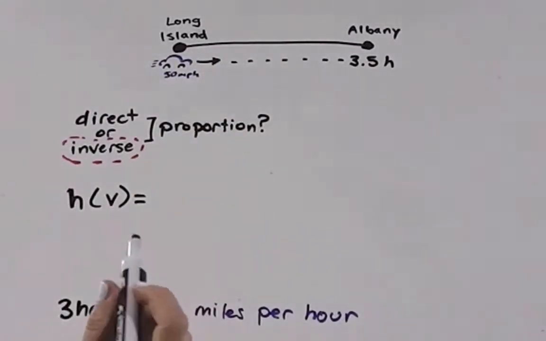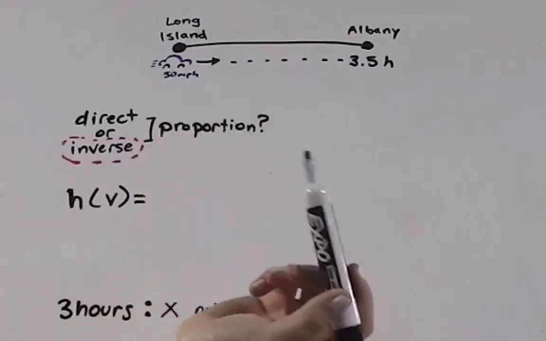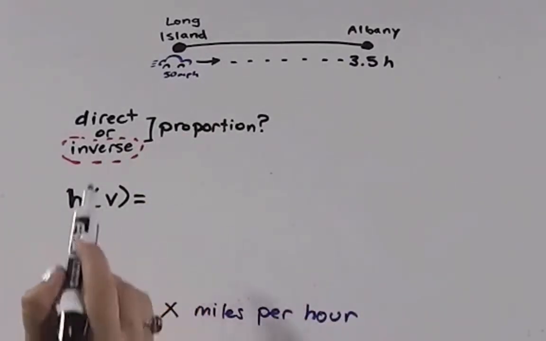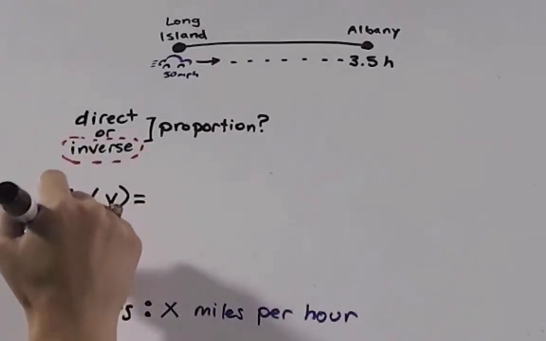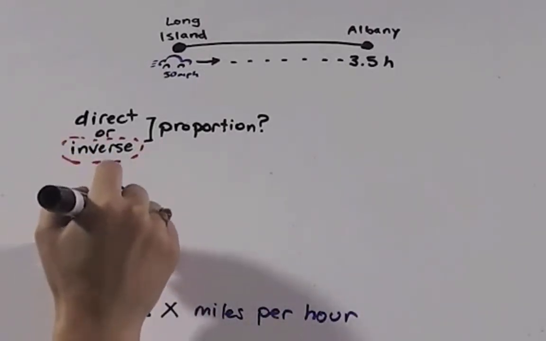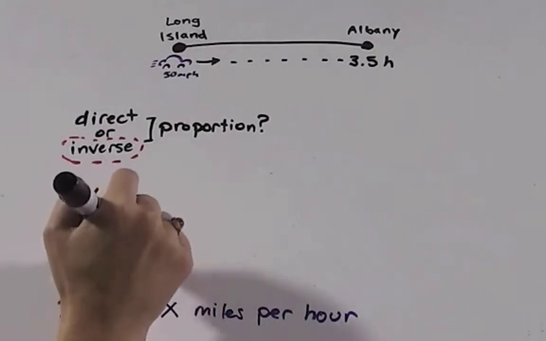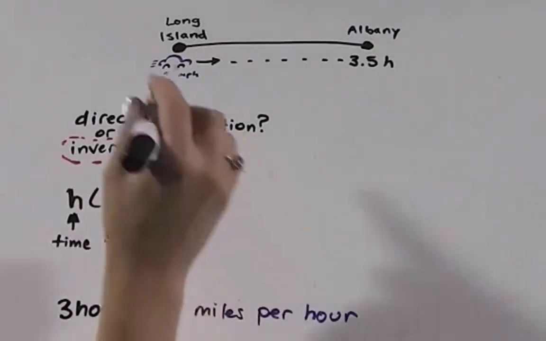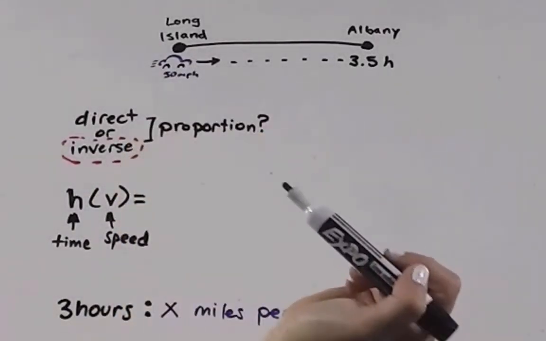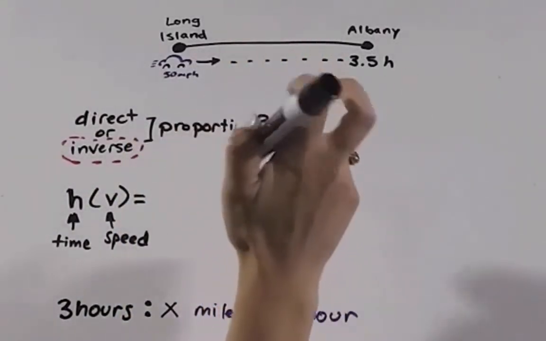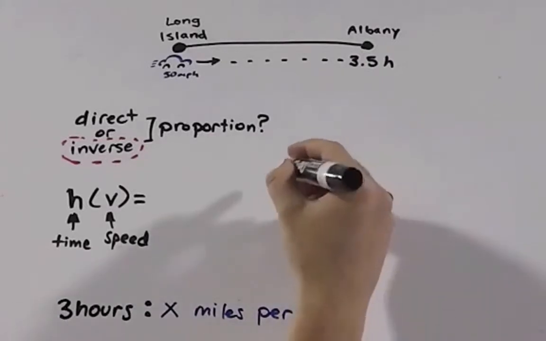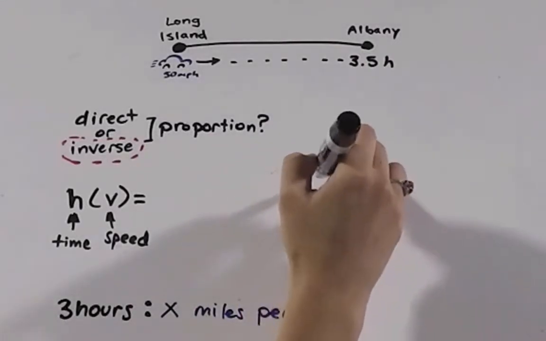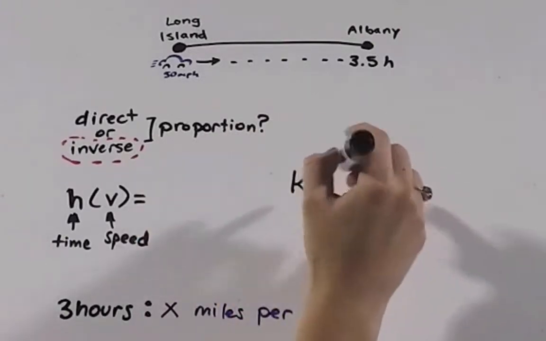So we have this proportion. We know it's an inverse proportion, and now they want us to figure out how to write out the function of time with respect to speed. Well, we can actually figure out what this proportion is because we have a time and a speed with which we can solve for the constant of proportionality. That's the value that tells you the proportion between speed and time.